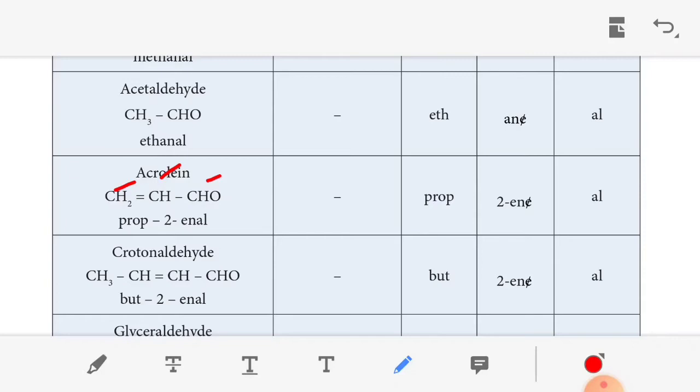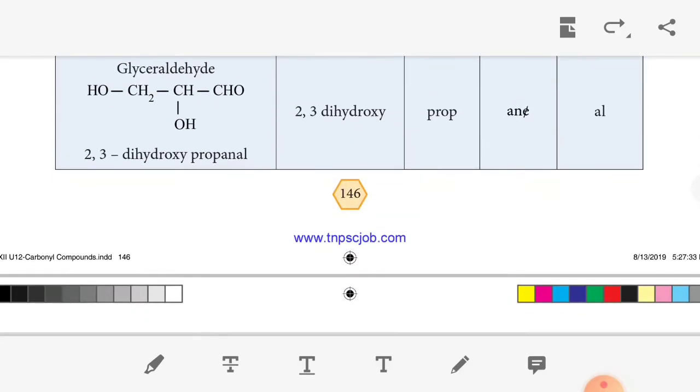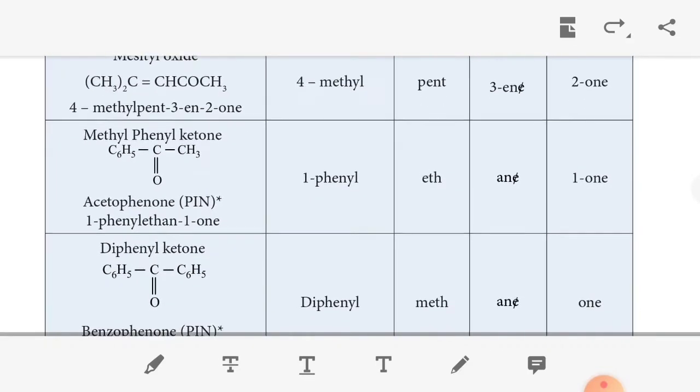So the name is prop-2-enal. This is the way to write the IUPAC name of a compound. Some more compounds are listed here, so you go through all of them.